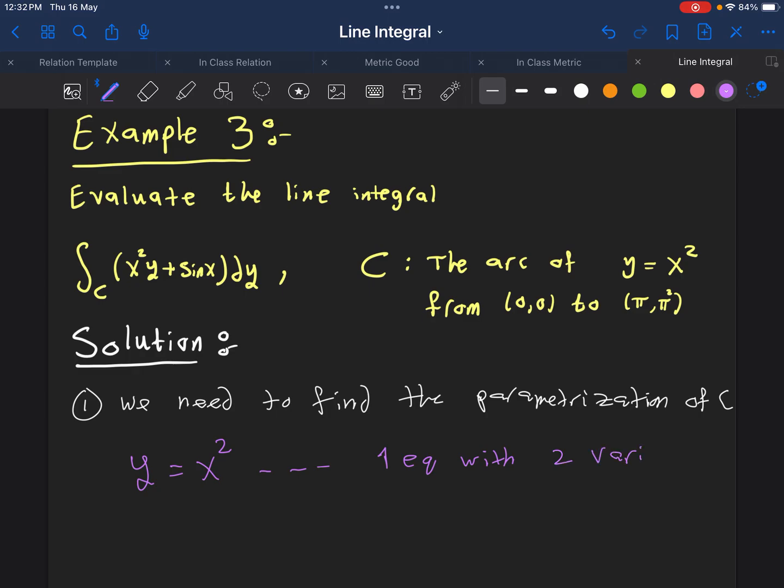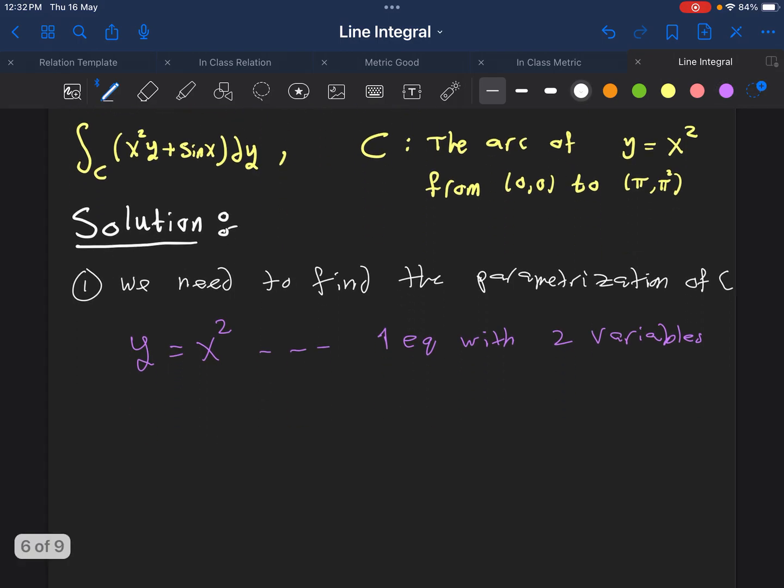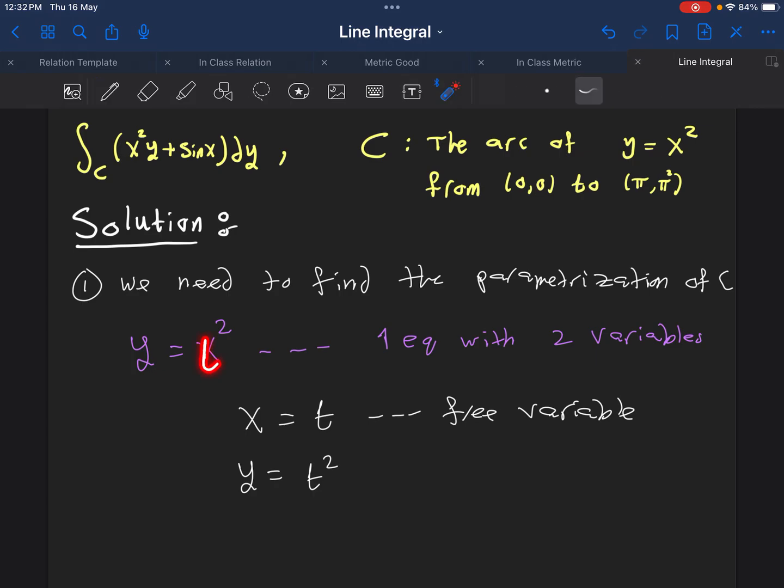In that case, one of them would be a free variable, so one of them I will have to call t, and I find the other one. So I will call x to be t, and this is my free variable. The other one, which is y, will become t squared. Why does it become t squared? Because x is t, so y will be just t squared.